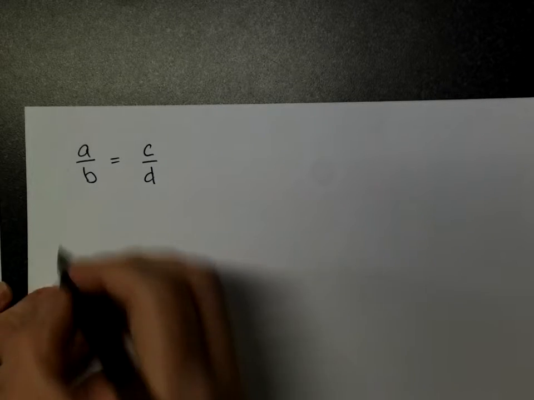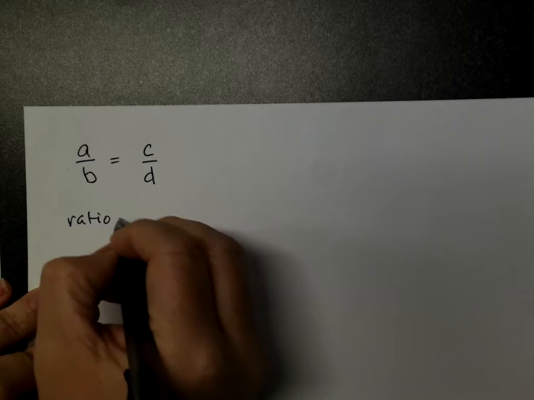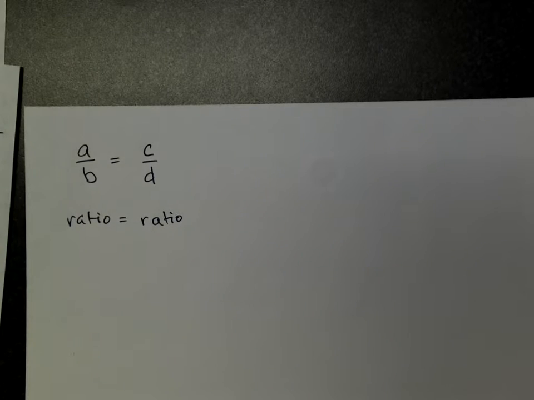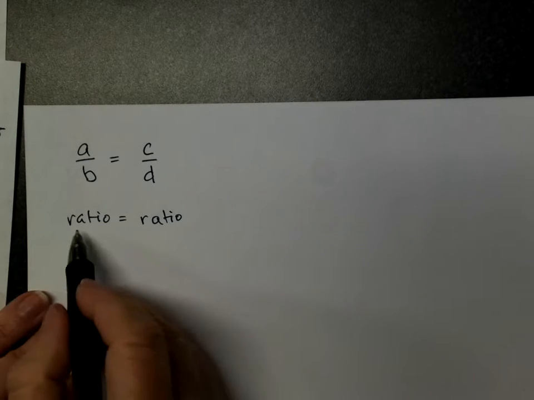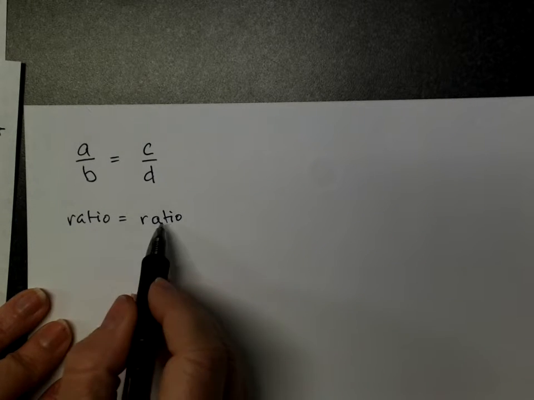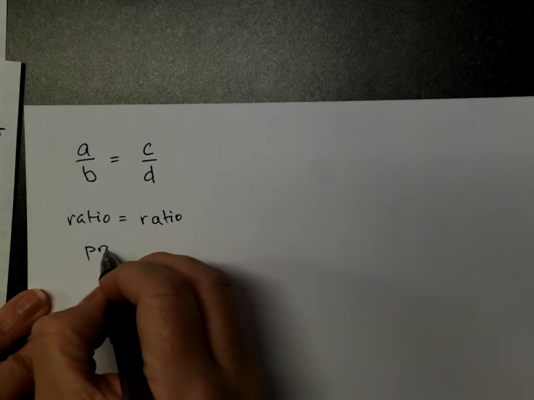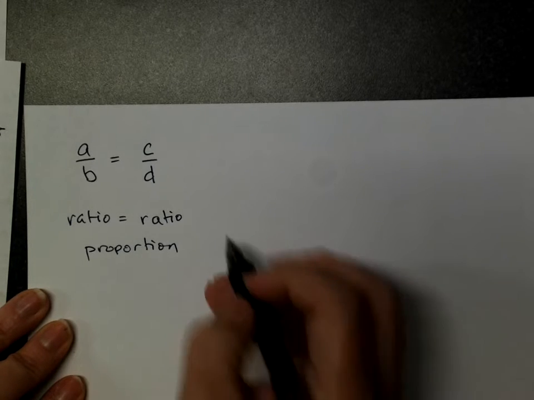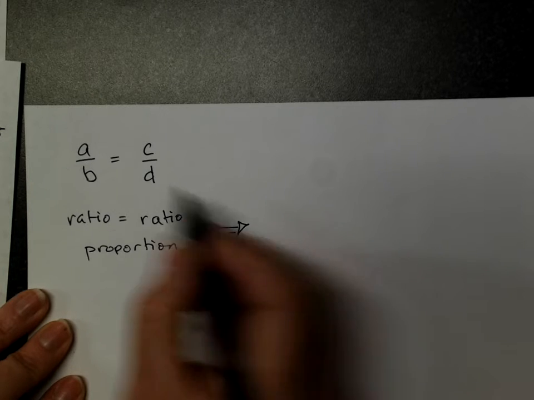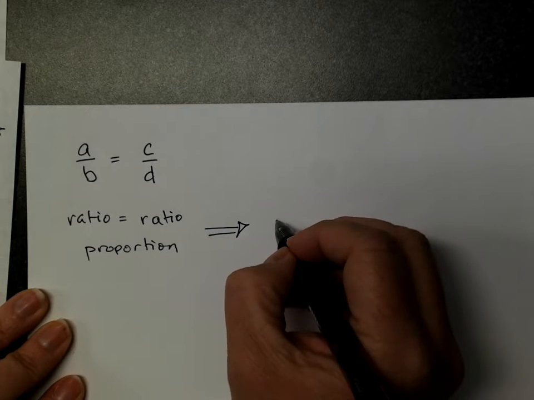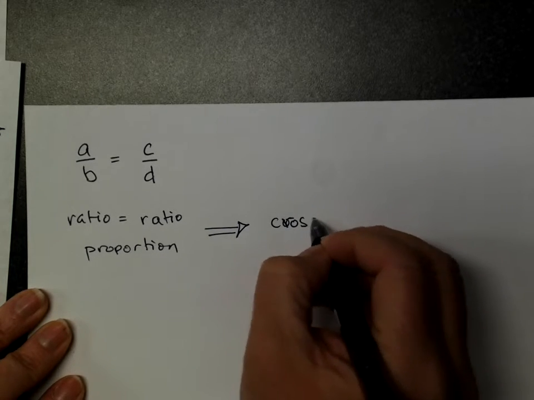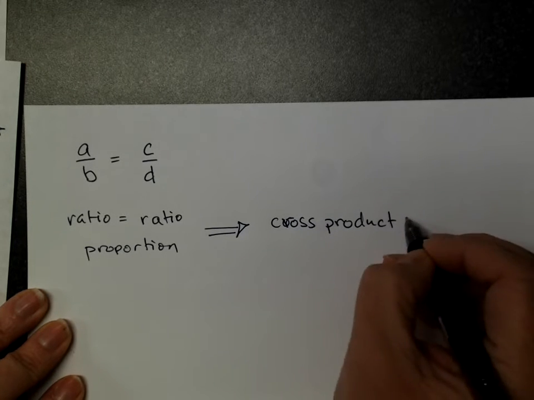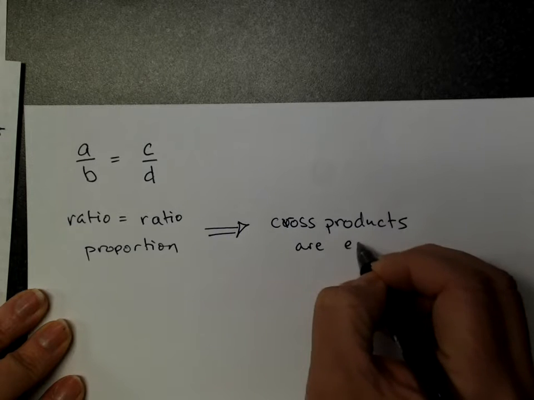A ratio equal to another ratio is what's called a proportion. The nice thing about a proportion is that this rule applies: cross products, cross meaning diagonal, products meaning multiply, cross products are equal.